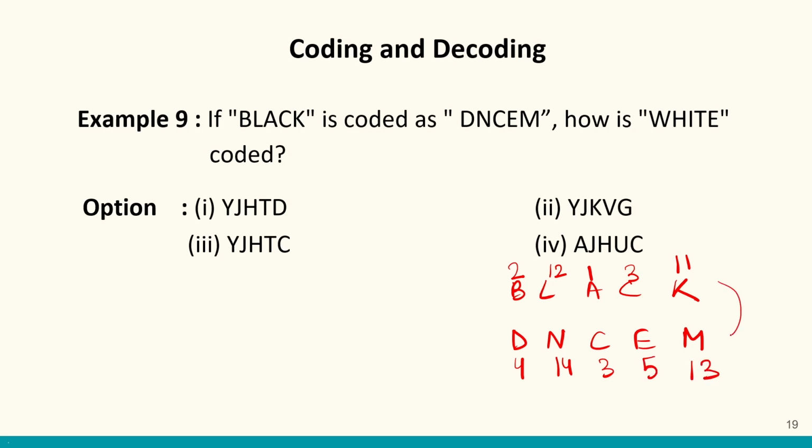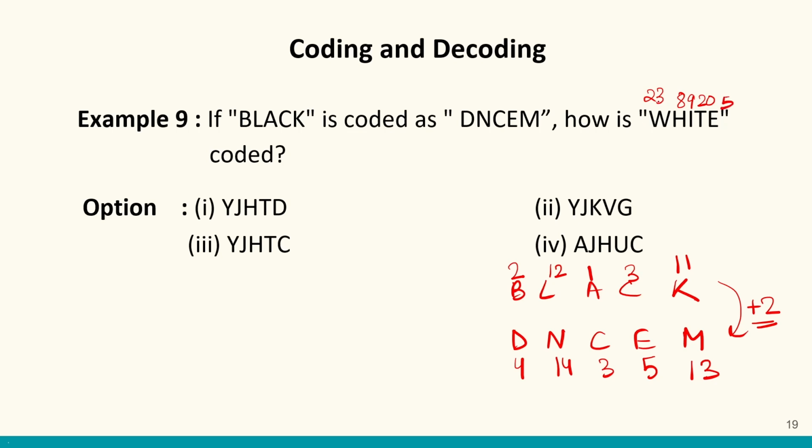So clearly I can see that 2 positions are being moved forward. If 2 positions are being forward, let us find for white. W is positioned at 23, H is positioned at 8, I is positioned at 9, T is positioned at 20, and E is positioned at 5.